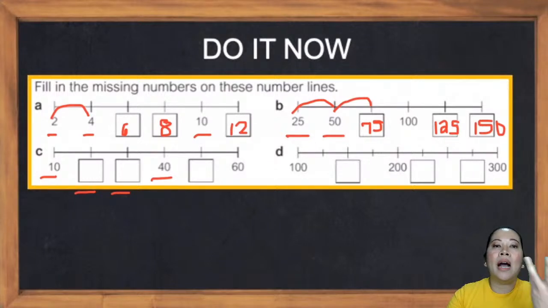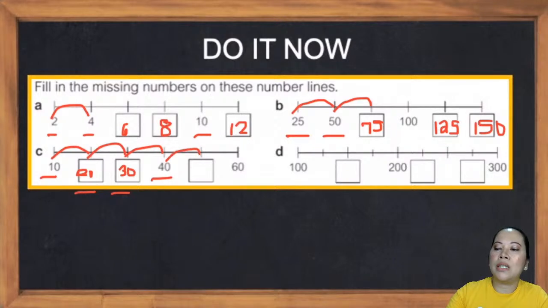That means there was an added 10 for each number. So 10 plus 10 will be 20, plus 10 will be 30, plus 10 will be 40, plus 10 will be 50, plus 10 will be 60. So the missing numbers on the number line go up by tens.